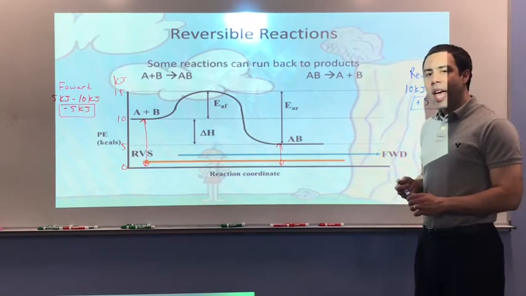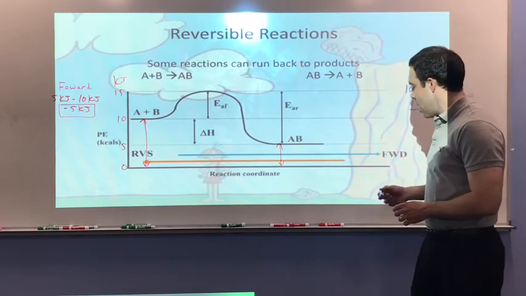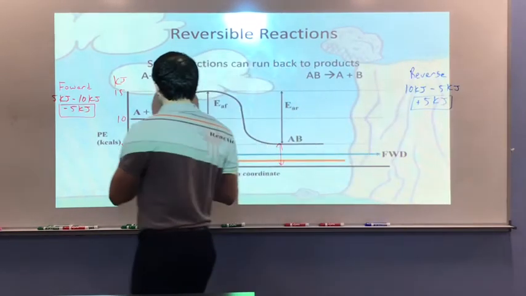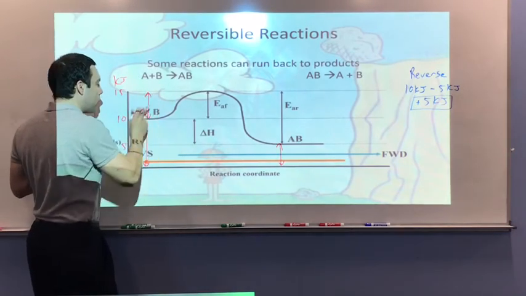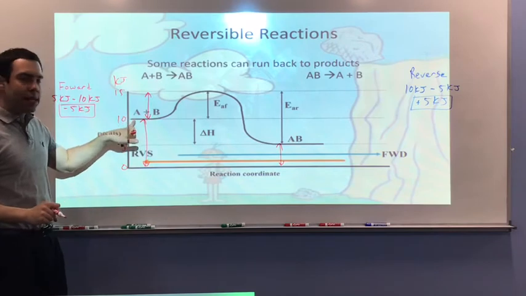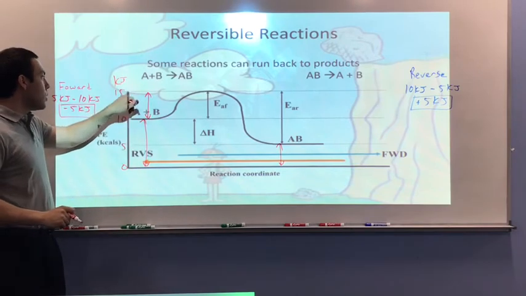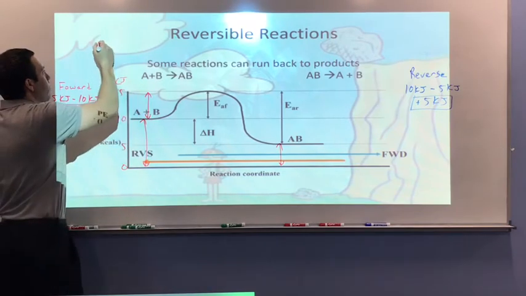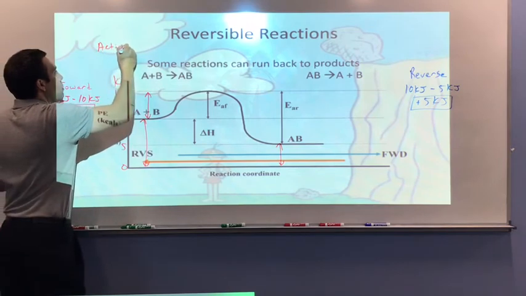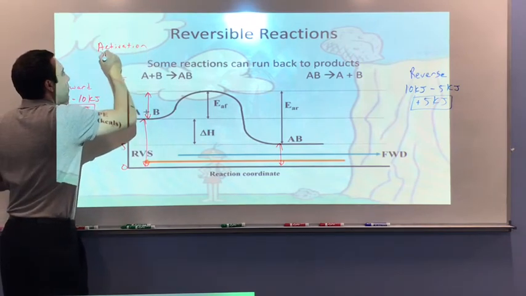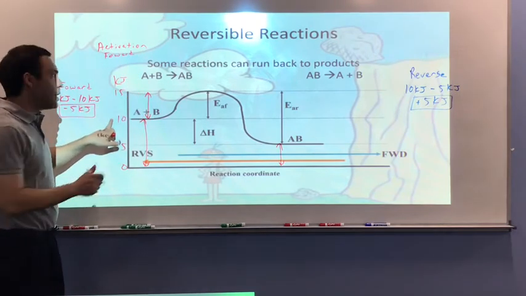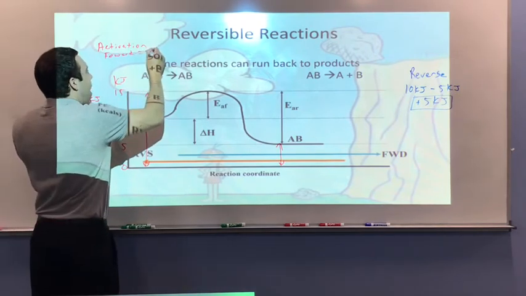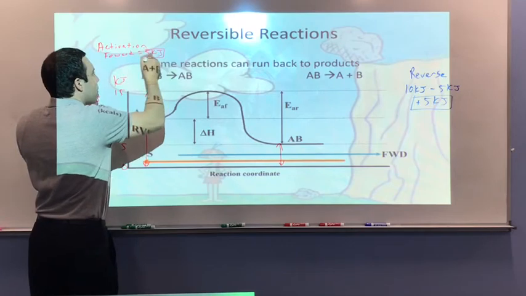Finally, let's take a look at the activation energy. The activation energy for the forward reaction is from 10, from the reactants, up to the peak. So the activation energy of the forward reaction is 15 minus 10, 5 kilojoules.